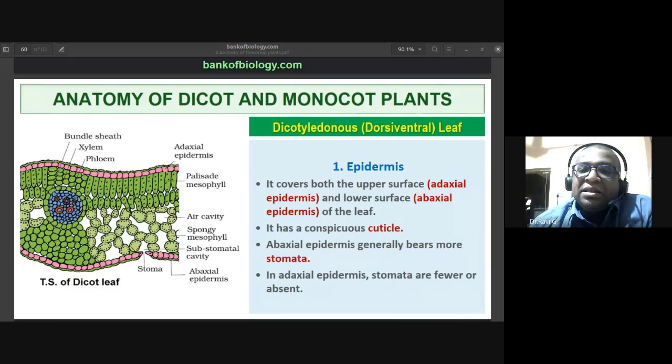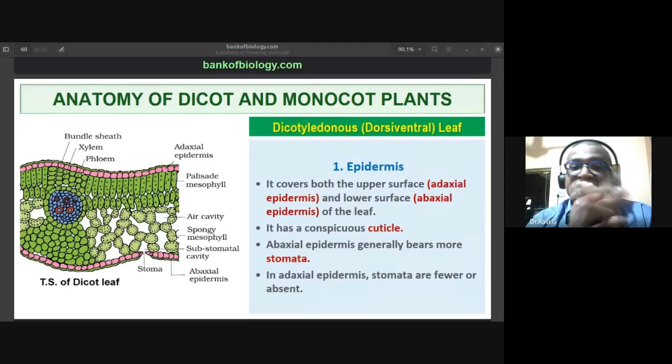Okay. Then what else you have to remember here is the adaxial epidermis, that is the upper epidermis. A group of large, colorless cells are there, which we call bulliform or motor cells. Whenever there is water stress, they bring about the curling up of leaves or rolling up of the leaf lamina, reducing the surface area exposed for transpiration.